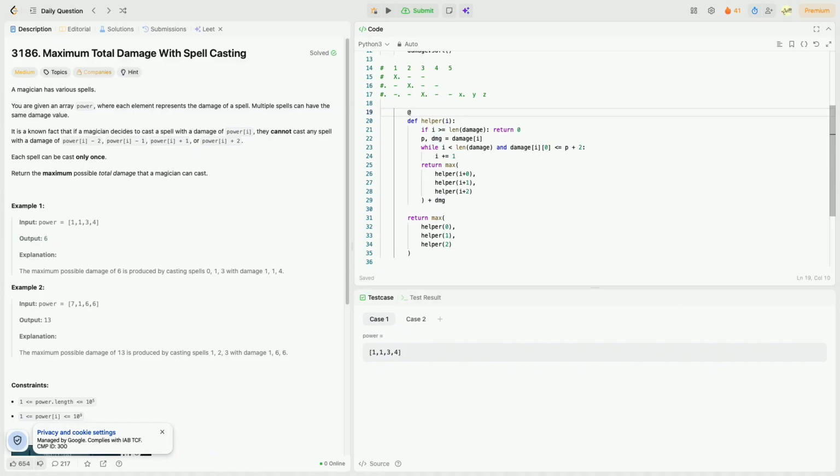Now, in order to avoid computing the same helper function multiple times, we're going to use a cache, a memory.